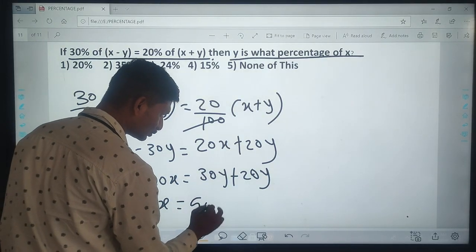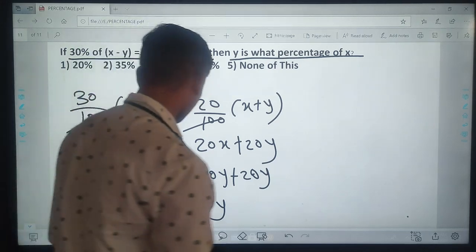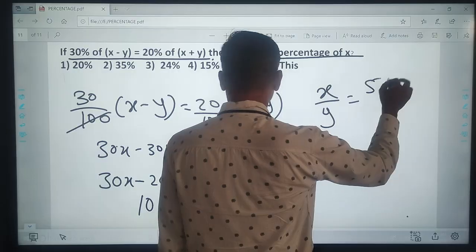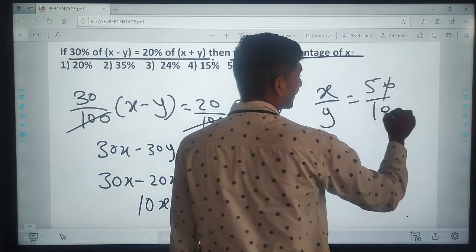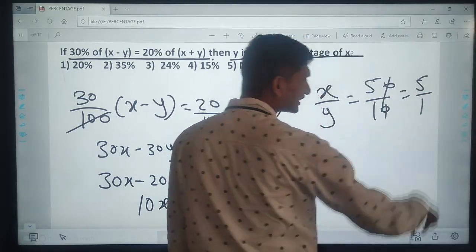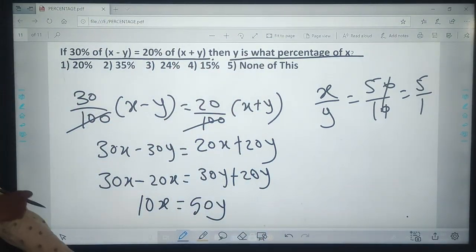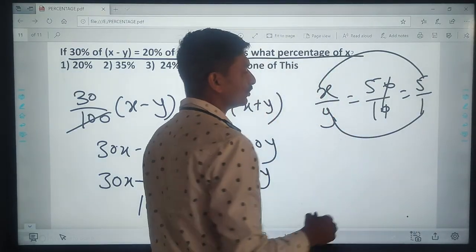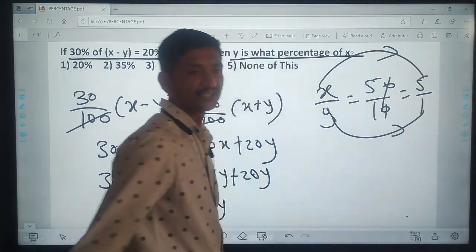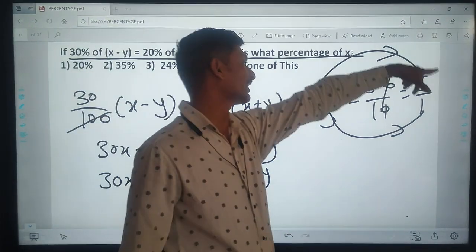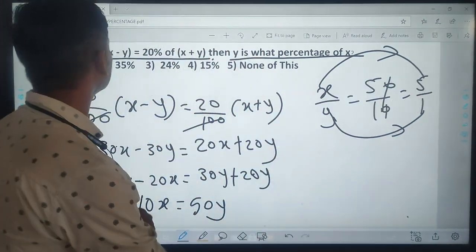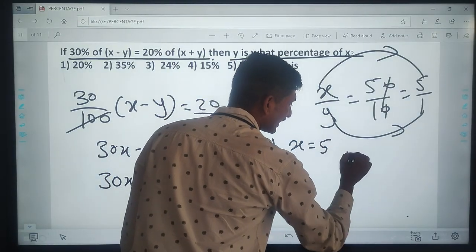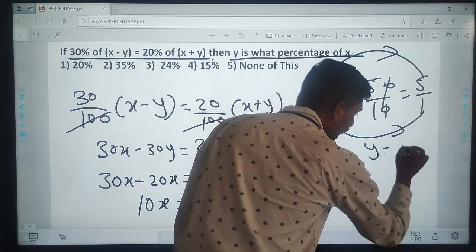Here addition of these two is 15y. Now here x divided by y is equal to 15 divided by 10, that is 5:1. Now here we directly take x is equal to 5 and y is equal to 1. If there is no condition, then we take directly x is equal to 5 and y is equal to 1.